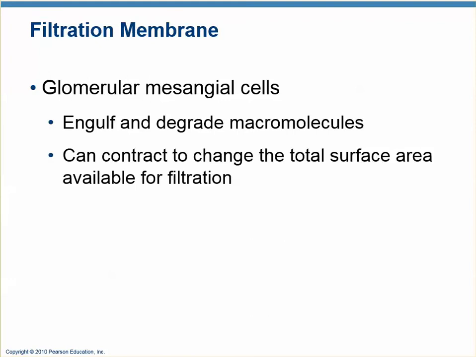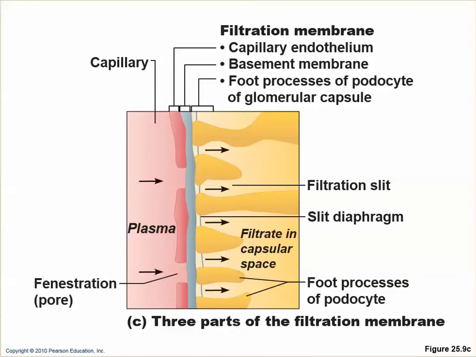There are cells, the mesangial cells, that can engulf any macromolecules that get through, but we shan't worry too much about that. It basically looks like this. The blood plasma is here, the blood's on this side. There's a fenestration between the epithelial cells, there's the podocyte here, and there's the basement membrane here.